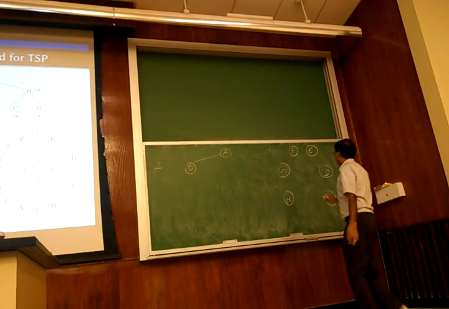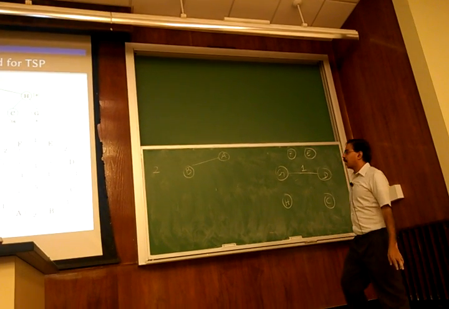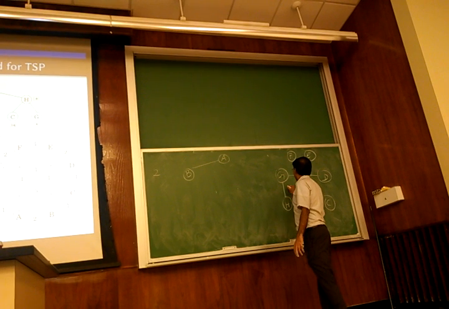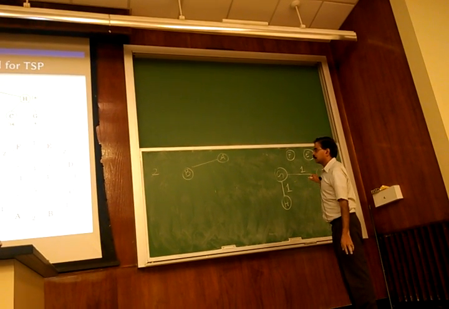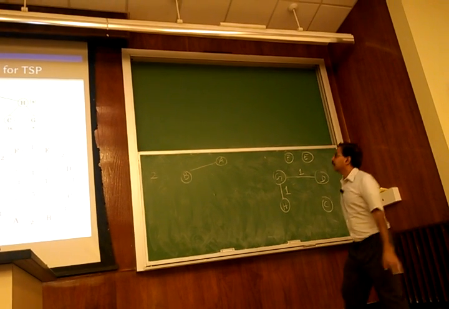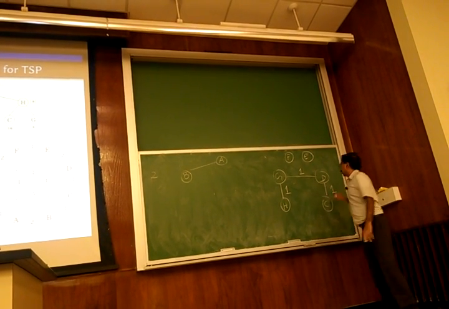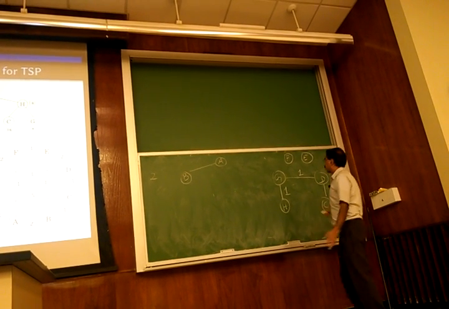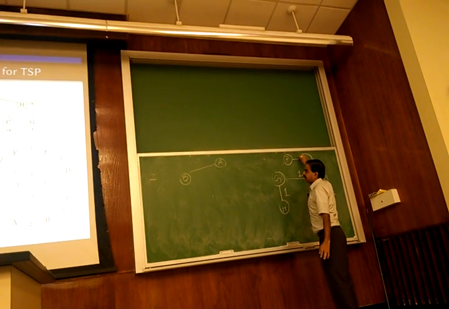So obviously we'll pick G to D, which has a cost of 1, G to H, which has a cost of 1, and let's see what else we have. D to C, which has a cost of 1, and then we can pick either G to F. Well, we'll pick F to E, which is 1.